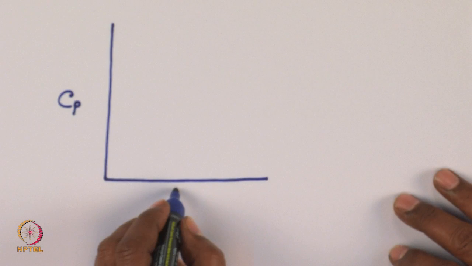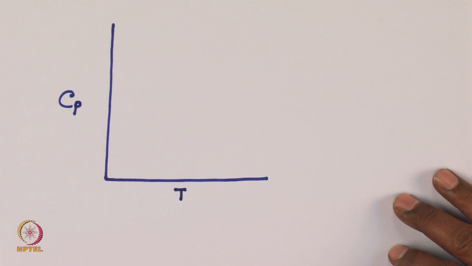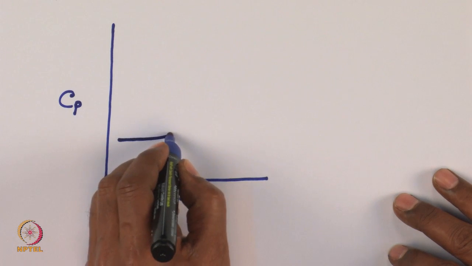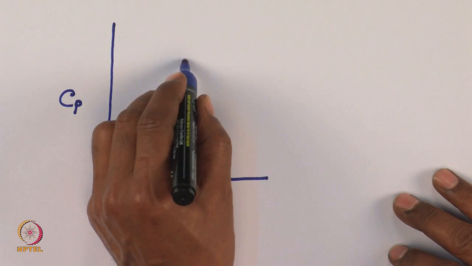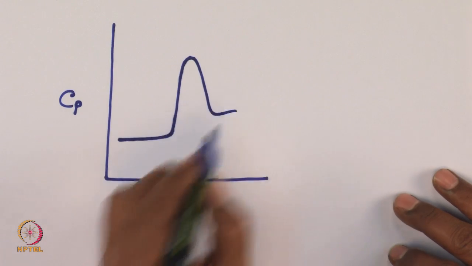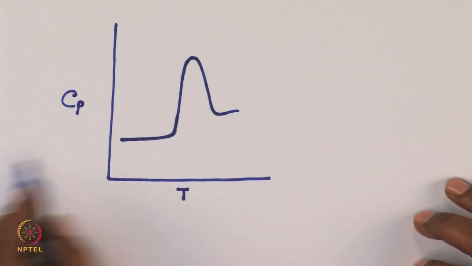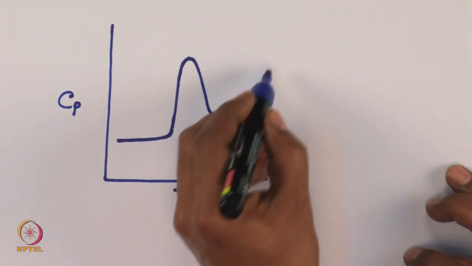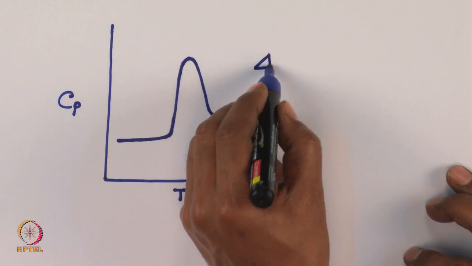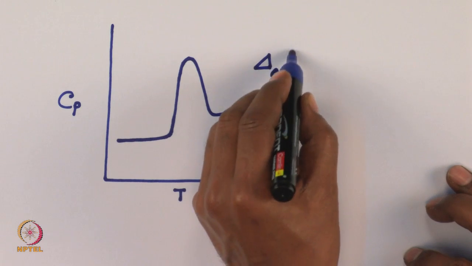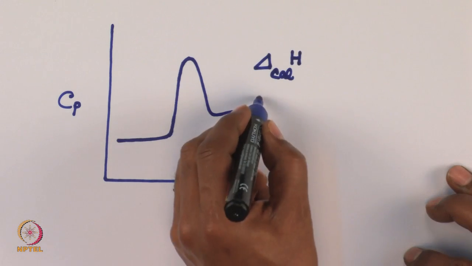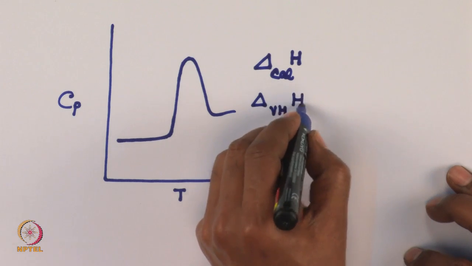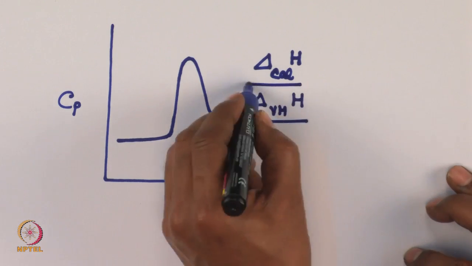In a DSC, what we have is Cp versus the temperature, and we have a differential scanning calorimetric profile from which we get delta H calorimetry and delta H Van't Hoff. These two are obtained.